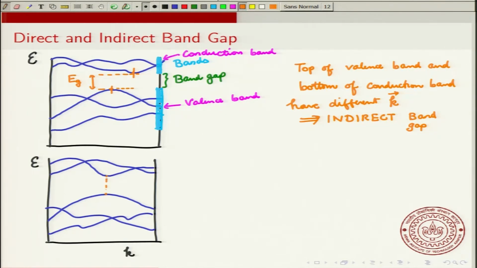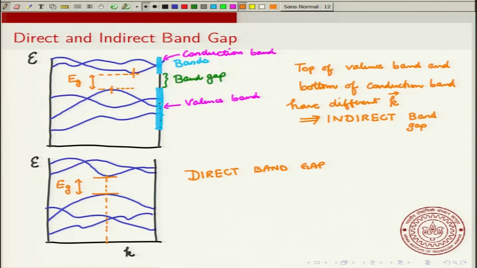So, they are at the same k. Such a band gap is called a direct band gap. A direct band gap is nothing but the opposite of the indirect band gap, where the top of the valence band and the bottom of the conduction band are at the same wave vector.